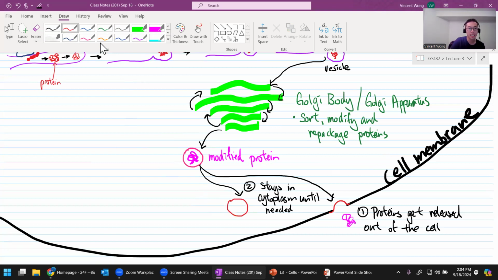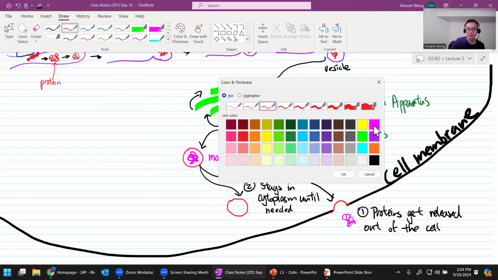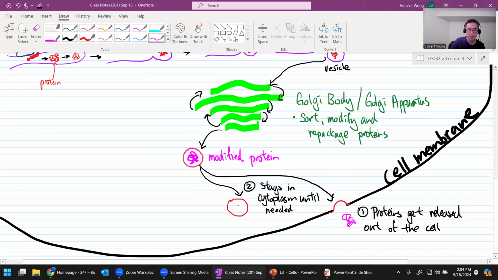We are just being prepared. It's better to make it ahead of time while we have the resources, and then we'll store it in the cytoplasm. When you need it, we will have it ready. It's ready to ship. You just say when, and we're gonna let it go. You might use it out of the cell, you might use it in the cell. It doesn't matter. We made it. It's ready.